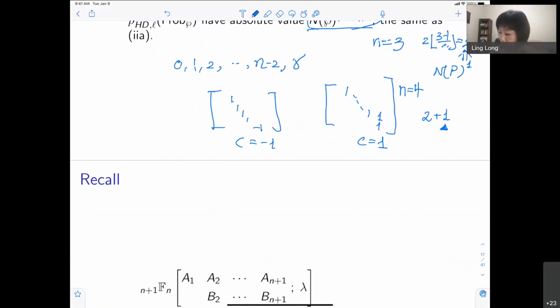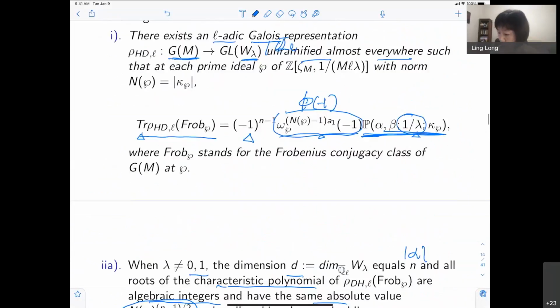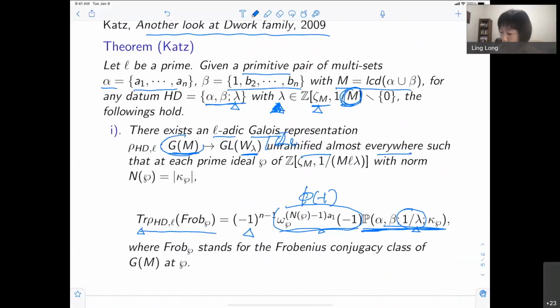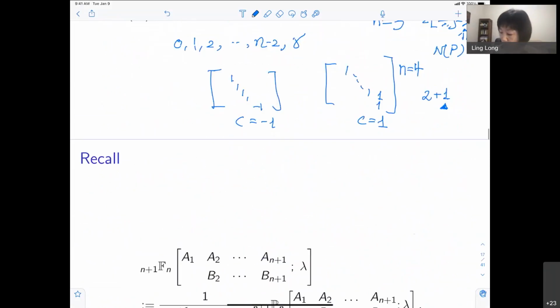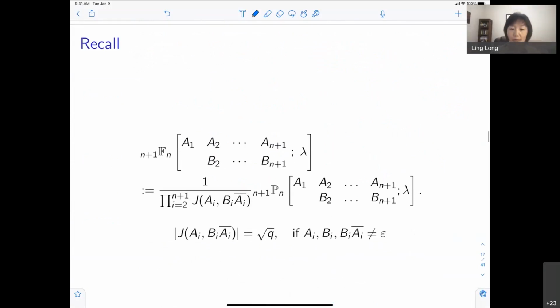So far, the representation is for the absolute Galois group of the cyclotomic field. The next thing I want to explain is what happens if the hypergeometric datum is defined over Q. All right, so before we continue, in order to consider alpha, beta defined over Q, if I want to lift the Galois representation from this smaller group to the absolute Galois group, I will eventually use another version of the hypergeometric function over a finite field.